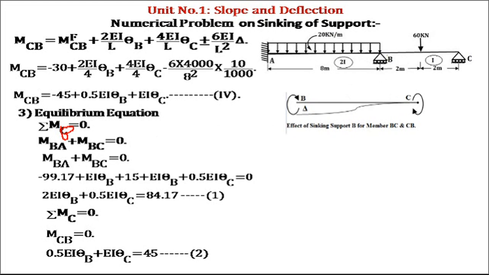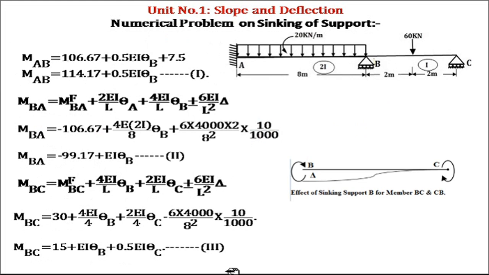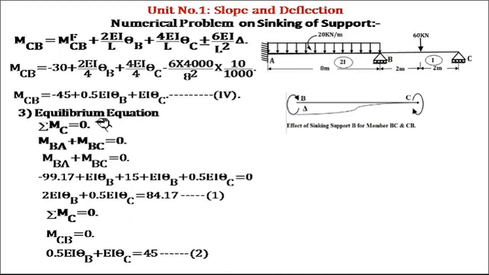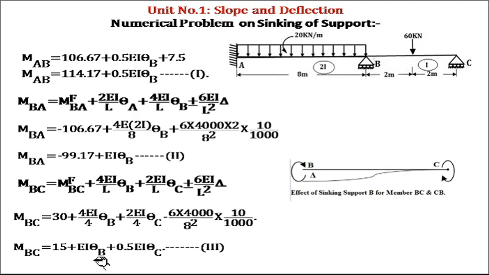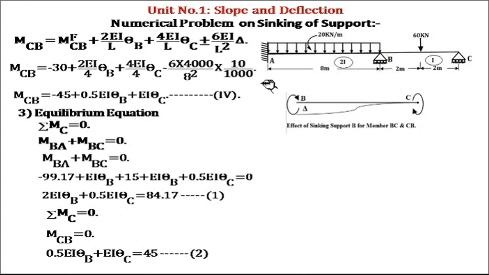So putting value of MBA, it is minus 99.17 plus EI theta B in this equation, and value of MBC is 15 plus EI theta B plus 0.5 EI theta C. Okay, and if you solve this, 2 EI theta B plus 0.5 EI theta C equal to 84.17. This is the first equilibrium equation.